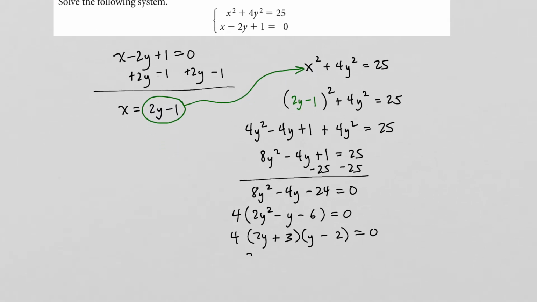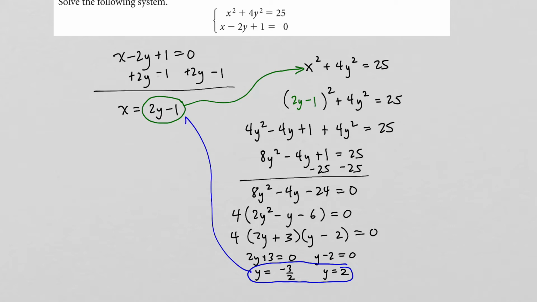And then finally, we set each one of those factors equal to 0 to solve for y. Here we get y equals negative 3 over 2, and here we get y equals 2. Now what we do is we take these two solutions for y, and we substitute them in here to solve for the corresponding values for x.